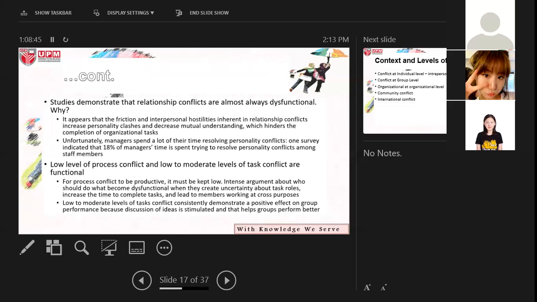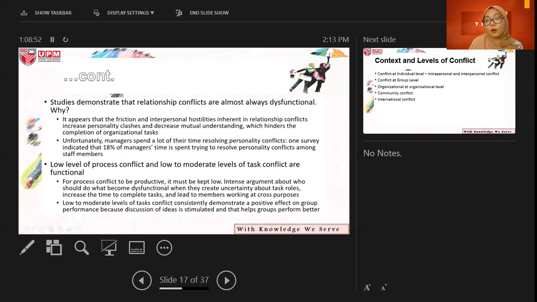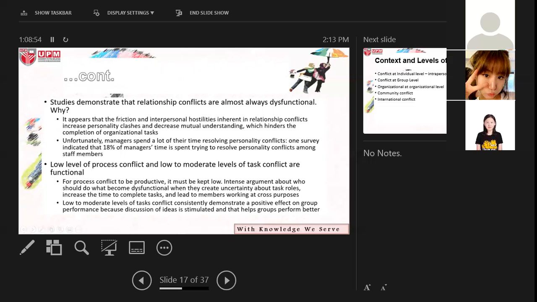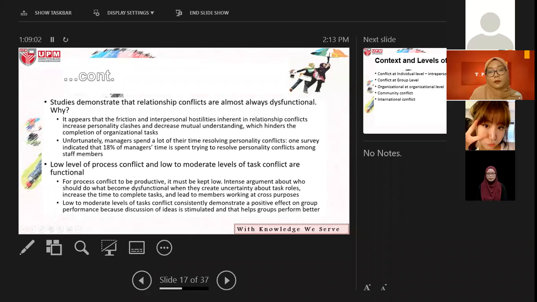Okay, studies demonstrate that relationship conflicts are almost always dysfunctional. Why? Based on past studies, relationship conflict, the conflict that exists between two or more individuals, is always dysfunctional. Why?